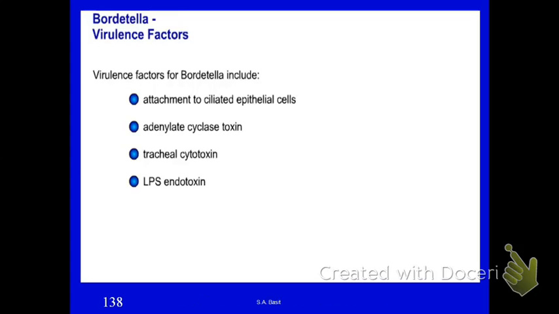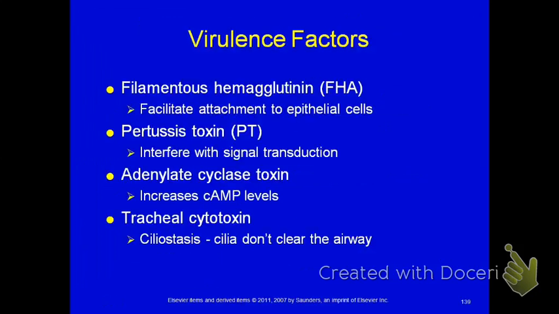Okay. Bordetella, remember, is also a toxigenic infection. Because as you can see, most of the virulence factors would include the toxins, namely the adenylate cyclase toxin, tracheal toxin, and LPS toxin, not to mention the fact that they have this ability to attach to the ciliated epithelial cells.